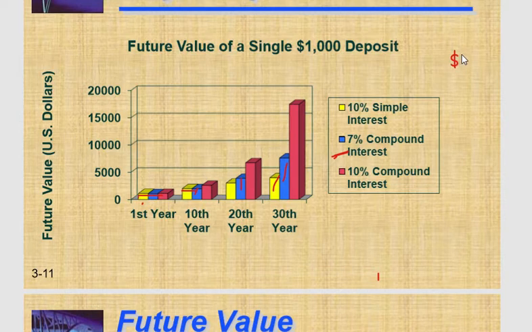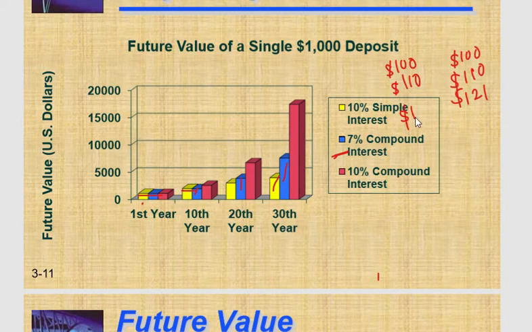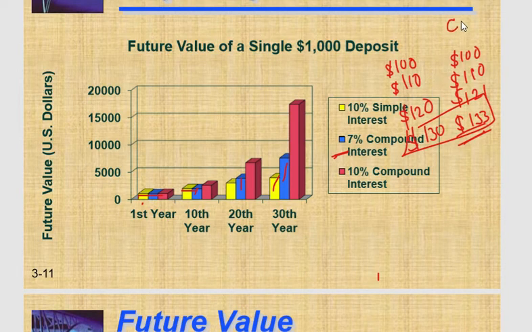In the previous example also we discussed 100, and next is 110, and next is 121. If you go for simple interest, every year 100, 110, okay, next year is 120 only. Okay, here again 133 approximately, here 130 only. Got it? This is the $3 difference if you go for compounded interest and simple interest. So that is the reason the value is increasing because of compounded.